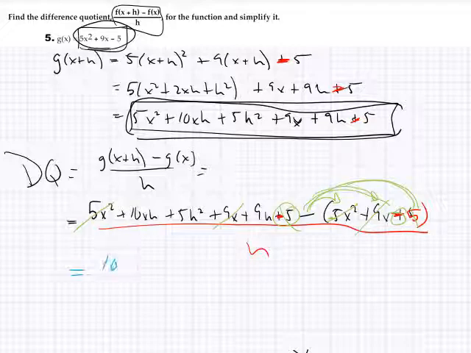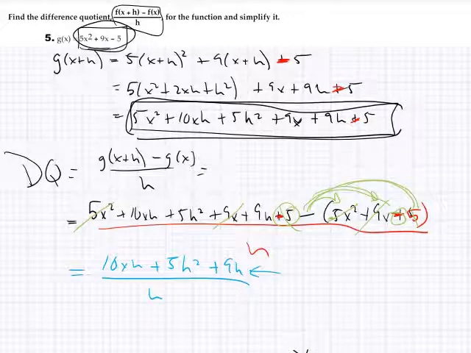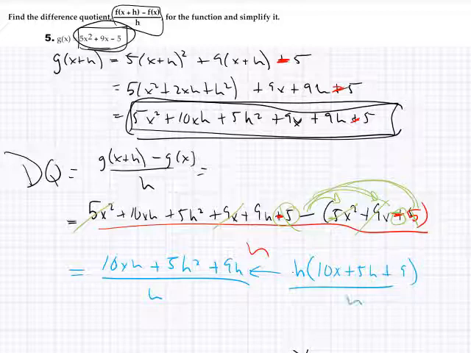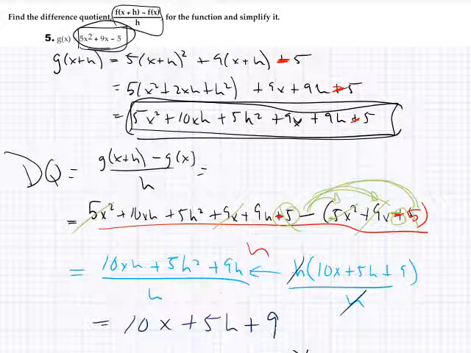That would give us 10xh plus 5h squared plus 9h all over h. Every term here in the numerator has an h in it, so if I factor an h out, I get 10x plus 5h plus 9 all over h. That allows these two h's to cancel, giving me simply 10x plus 5h plus 9.